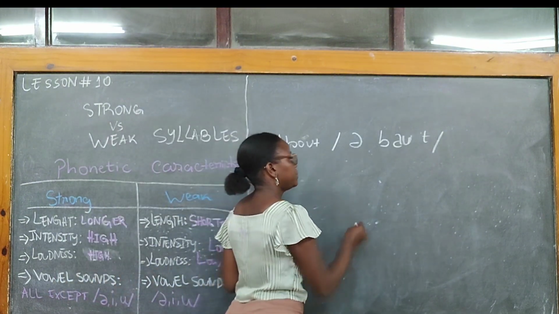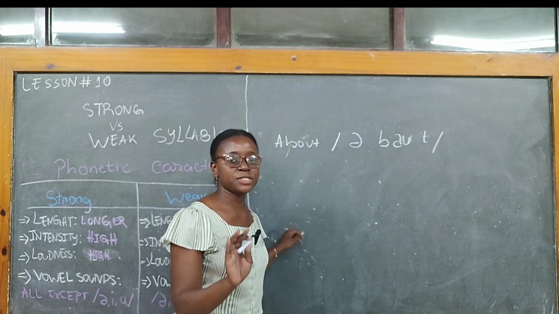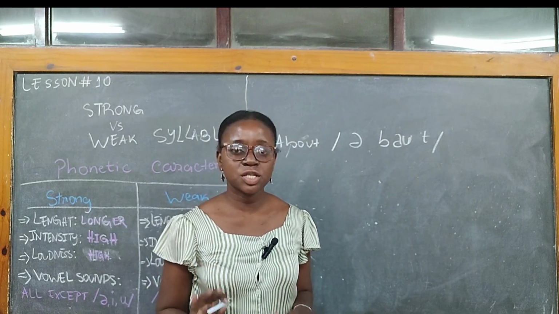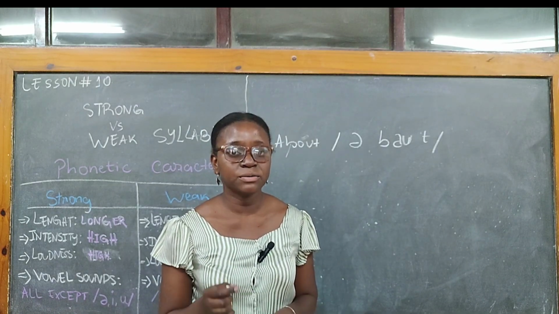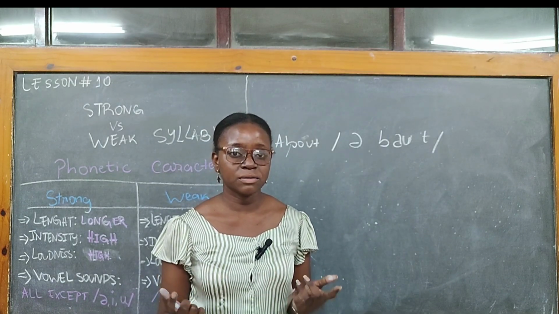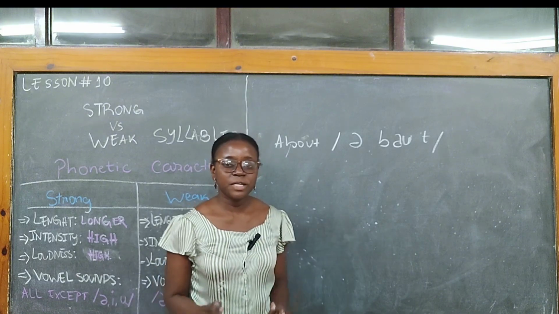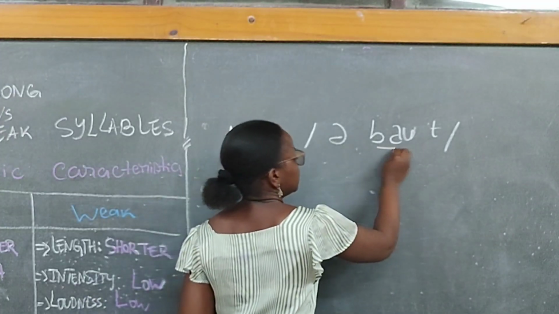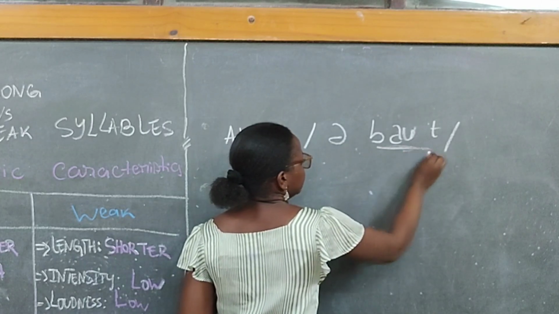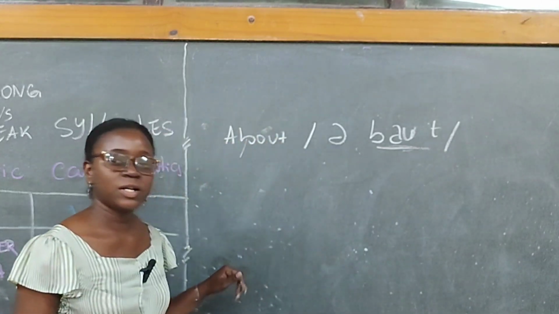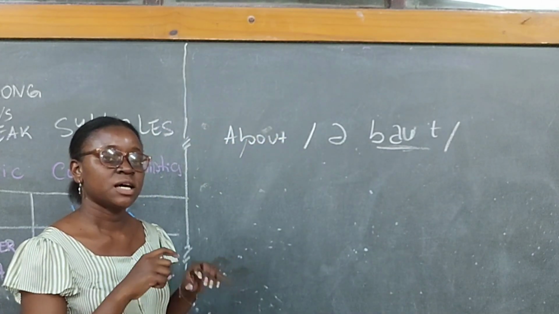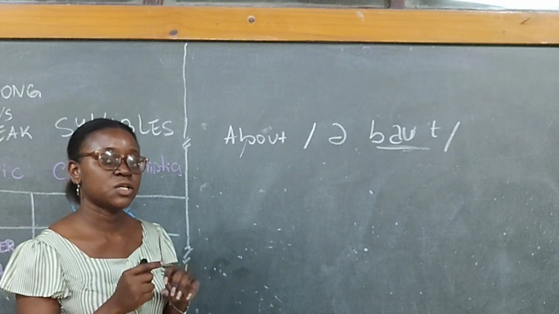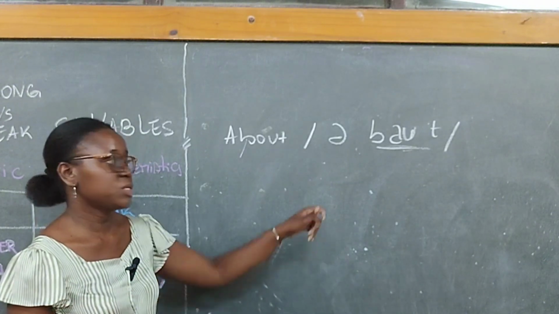Let's start pronouncing it very slowly. About. If you pay attention when we pronounce this syllable, we notice that the pronunciation lasts longer than when we say the first one.